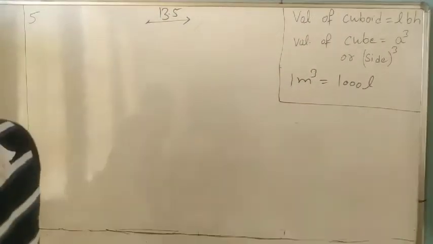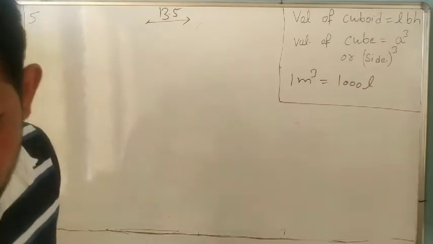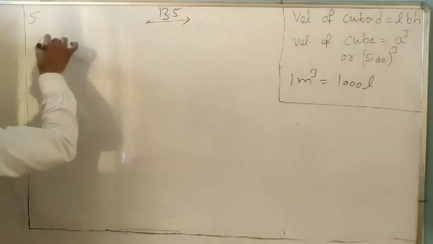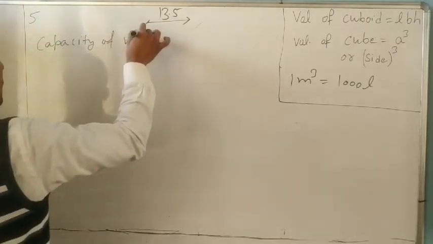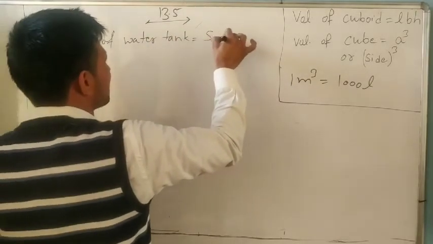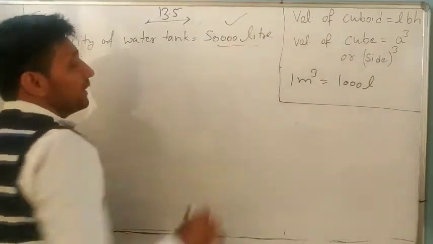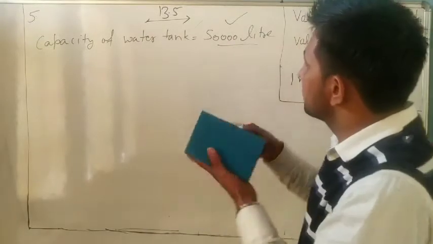Question number 5. The capacity of a cuboidal tank is 50,000 liters of water. So write first the capacity of the water tank: 50,000 liter.